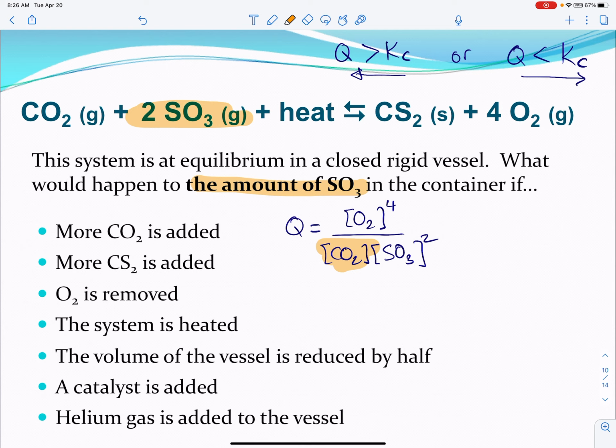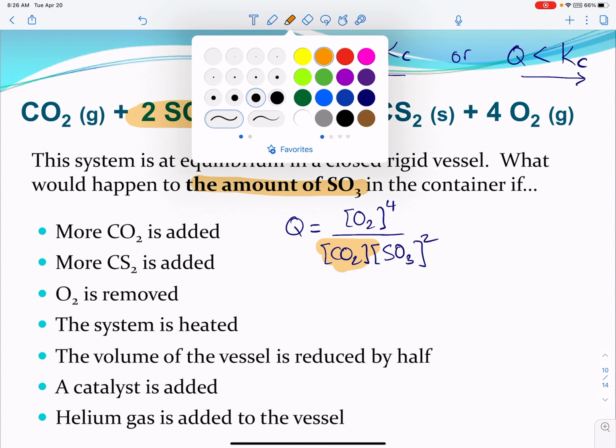So the next thing would be that Q must now be less than Kc. And as a result, the reaction shifts forwards, and there will be less SO3 at the new equilibrium. There's a complete, solid answer. All right, so let's try another one.